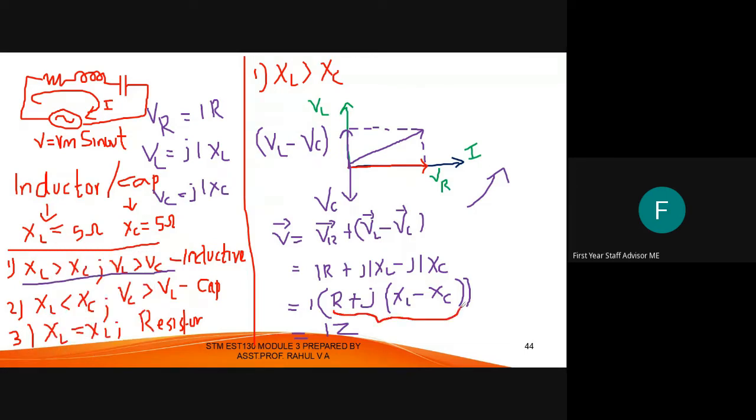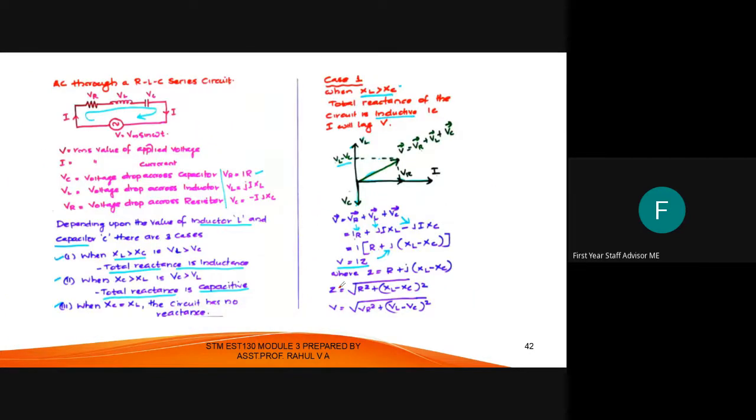Then you can find out V square. What is the magnitude of V? That is the square root of VR square plus VL minus VC square. It is from the normal trigonometric equation. And the magnitude of Z is the square root of R square plus XL minus XC square.